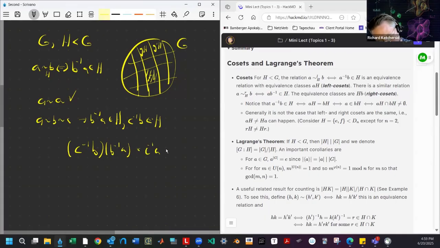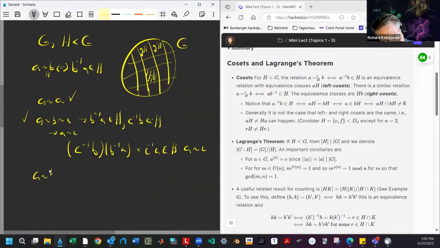And these are both in H, so this is in H, right? And so this says that a is equivalent to c. So we got that a equivalent to b and b equivalent to c implies a is equivalent to c. That's transitivity.